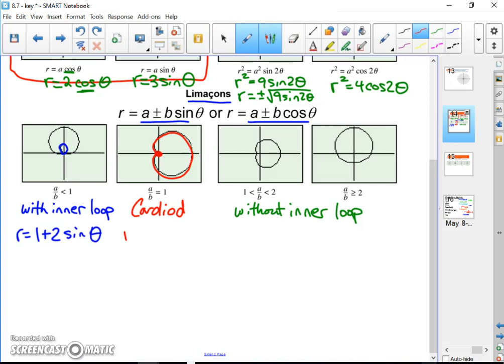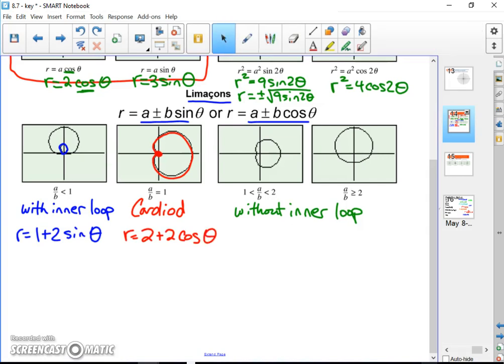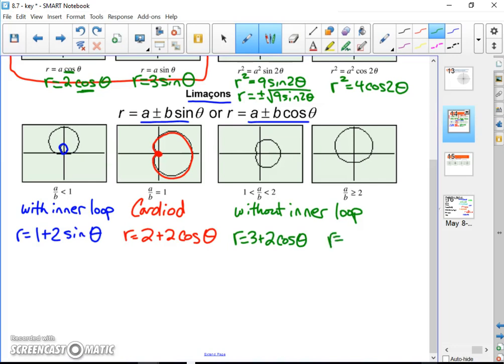A cardioid might look like r equals 2 plus 2 cosine theta. Without an inner loop, you might have something in the x direction like r equals 3 plus 2 cosine theta, or in the y direction, r equals 5 plus 2 sine theta.